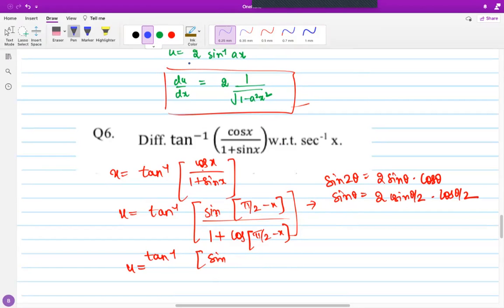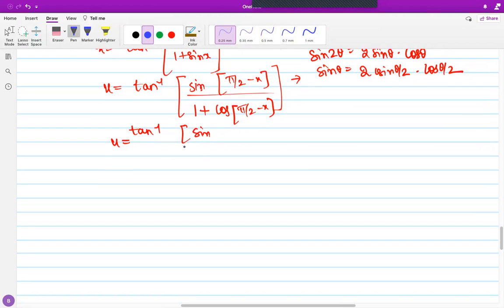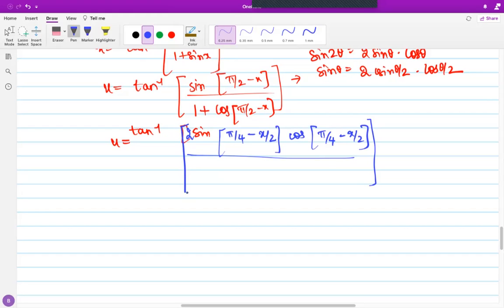That is equal to 2 sine(pi by 4 minus x by 2) into cos(pi by 4 minus x by 2) because of the half angle, divided by 1 plus cos(pi by 2 minus x).